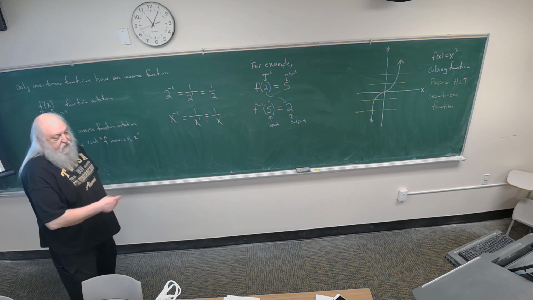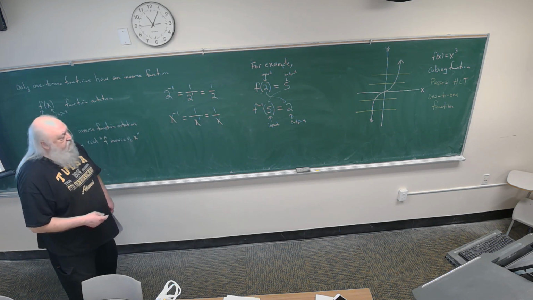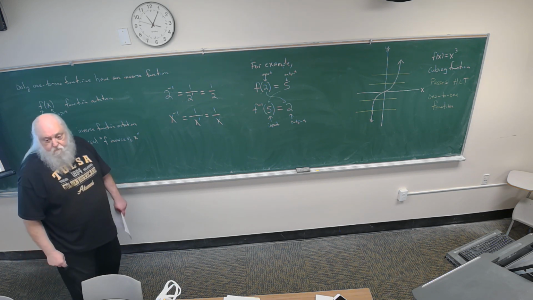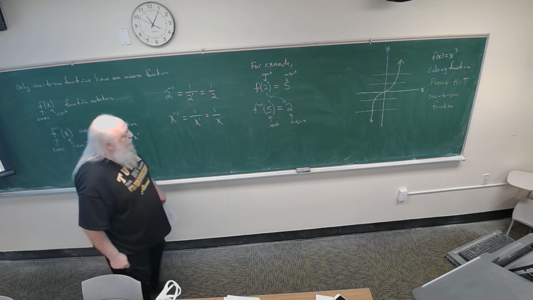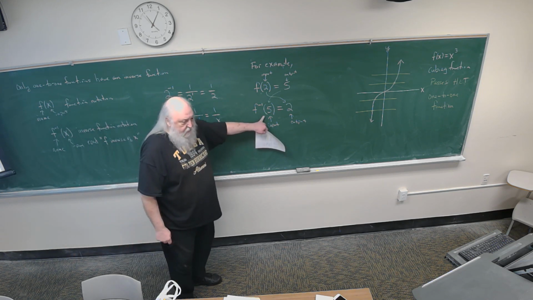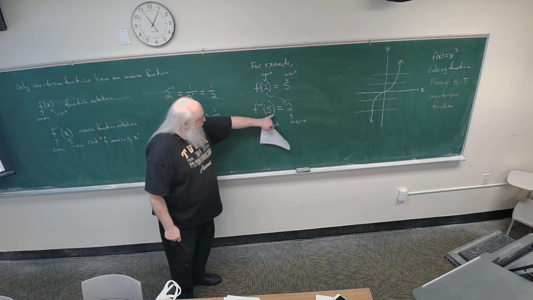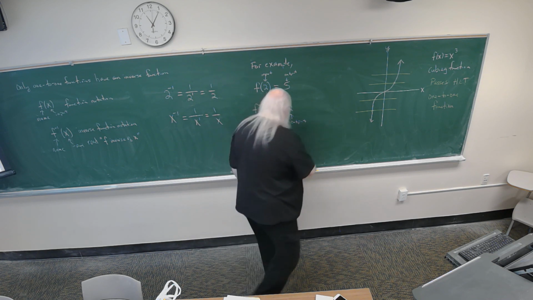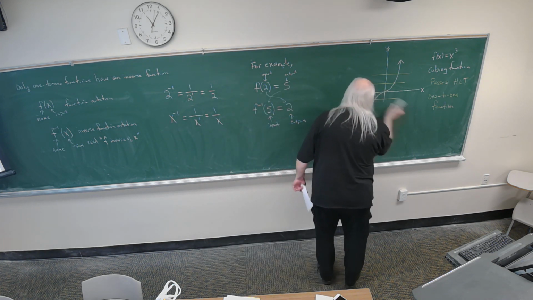If you know f of 2 is equal to 5, then you automatically know that f inverse of 5 is equal to 2. If you know the value of one function at one value of x, then you know the value of the other function, okay? All right.